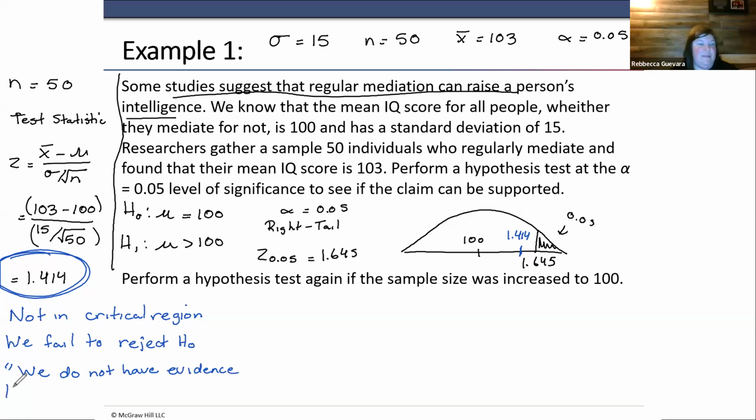We do not have evidence that meditation raises IQ.